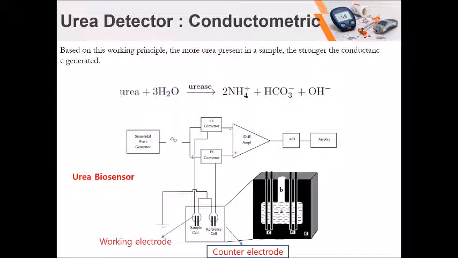Here is a typical representation of the urea detector. It can be seen that there are two pairs of electrodes. One represents the working electrode, another one is the counter electrode.